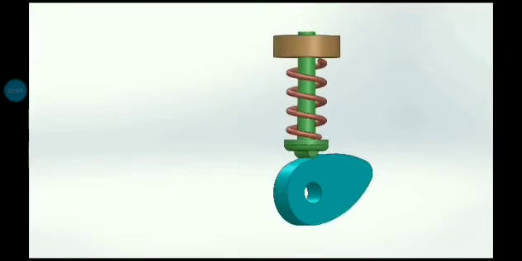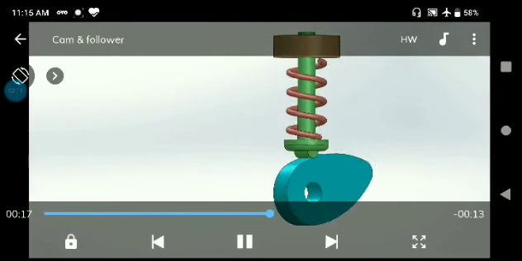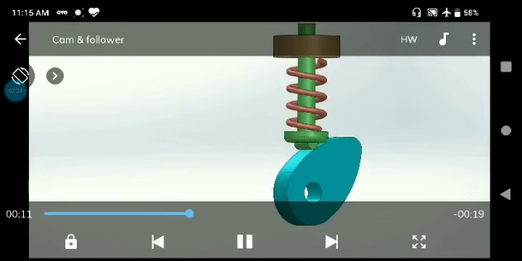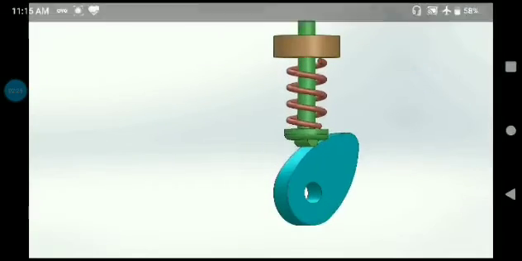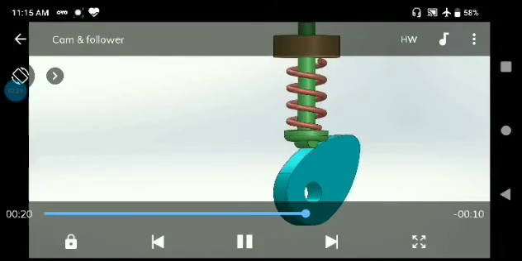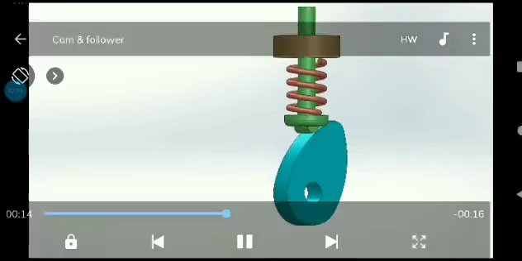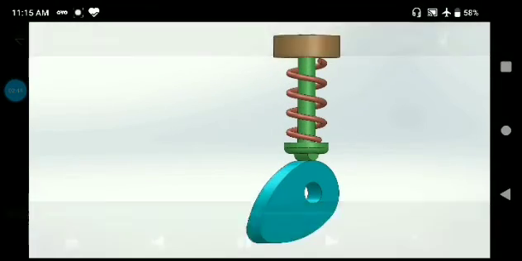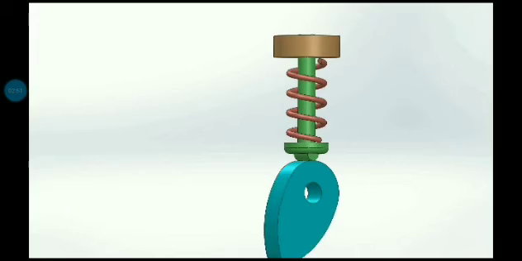And period of dwell is the period during which the follower remains stationary. From this video, you can see that only when the follower touches the non-circular part of the cam, the follower will be moving. When the follower surface touches the circular part of the cam, the follower is actually stationary. So that portion of follower movement is known as the dwell period.